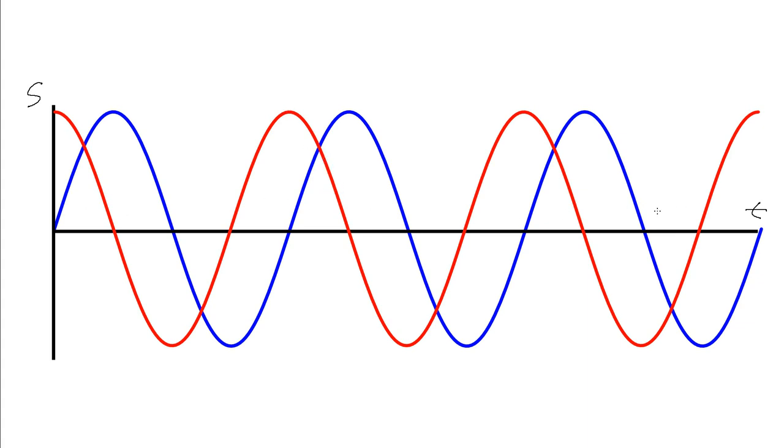If this was displacement against position it would have exactly the same wavelength, but clearly these two waves are not exactly the same. They're kind of offset from each other. And so this phase is how we can describe the difference. We would describe a phase difference between these two waves.